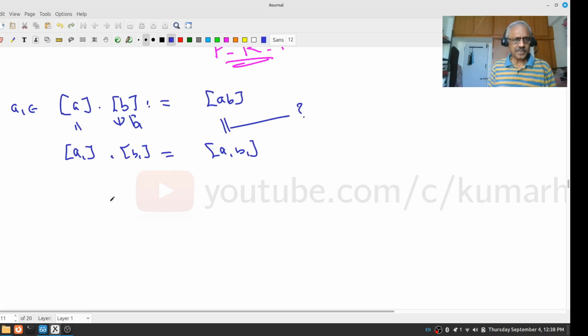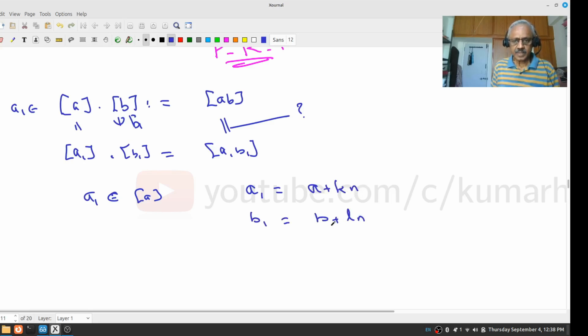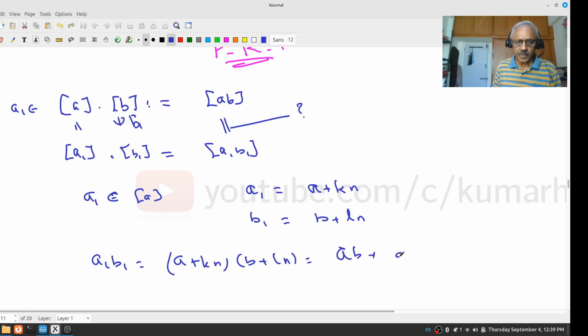How do I do that? It's exactly the same way. Since A1 belongs to this class, I know A1 must be some A plus Kn, right? And similarly B1 must be B plus Ln. Is that okay? Then what is A1 B1? A1 B1 is A plus Kn times B plus Ln, that is equal to AB plus A times Ln plus Kn times B plus Kn times Ln.